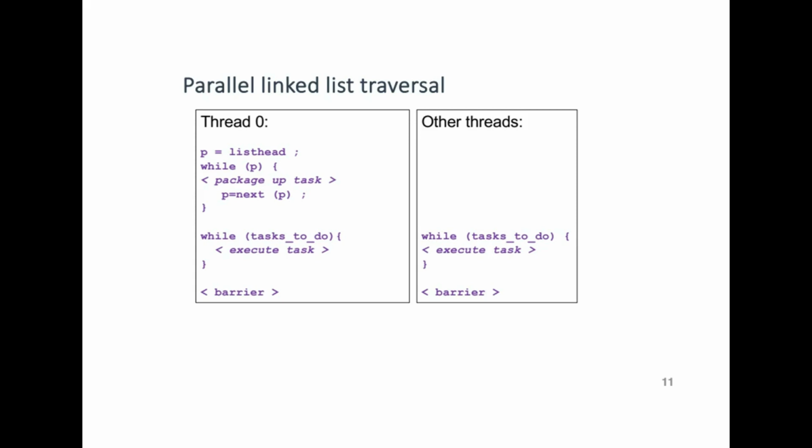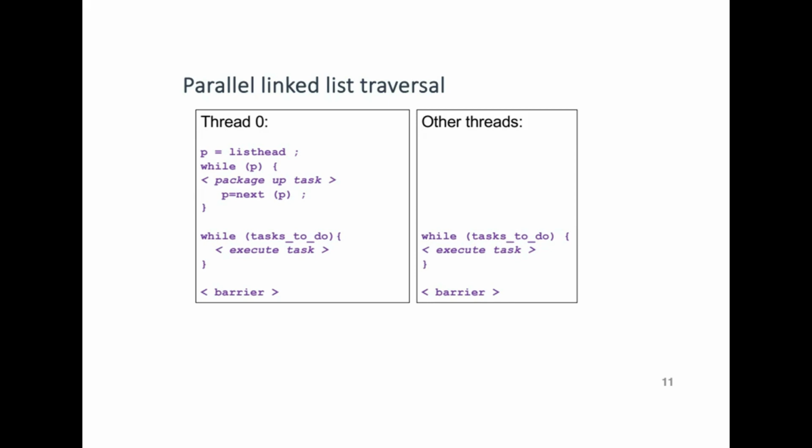Okay, so just to sketch and emphasize what's really going on in this example: thread 0 is essentially traversing the list and not executing anything, okay? It's just packaging up the tasks. All the other threads are inside the OpenMP runtime. They are essentially sitting in a while loop, waiting for tasks to appear, okay?